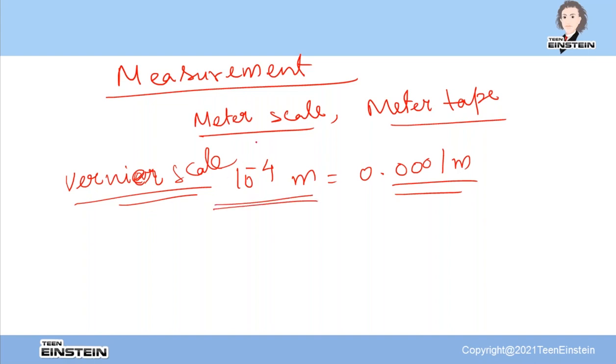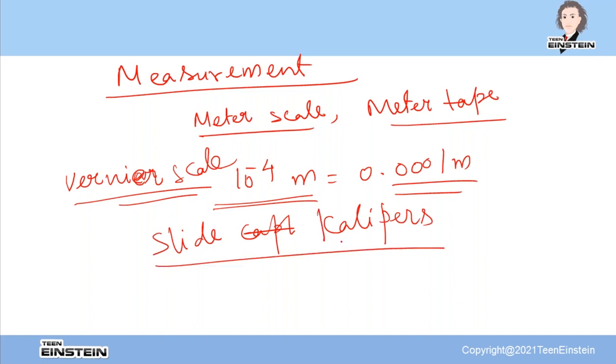The Vernier scale is actually slide calipers, with a K in calipers. If you want to measure an even smaller distance, 10 to the power minus 5 meter, you use what is called a screw gauge.